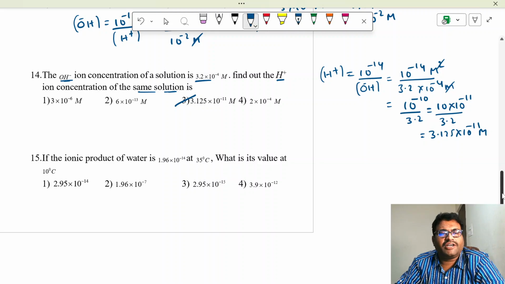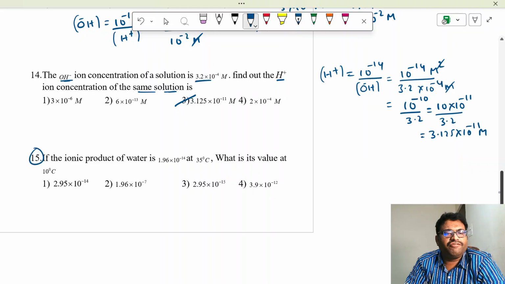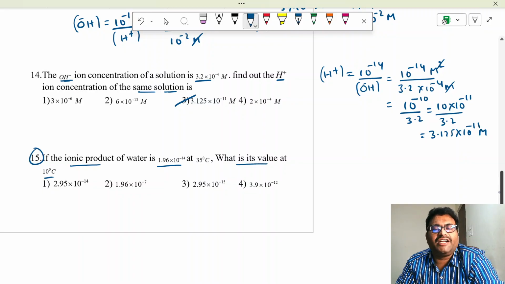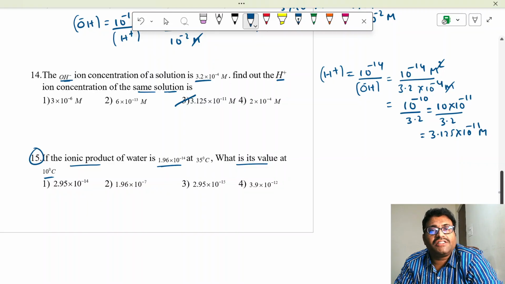Right. Next, coming to the 15th question. If the ionic product of water is given, what is its value at 10 degrees centigrade? We know that when you decrease the temperature, the ionic product of water decreases.